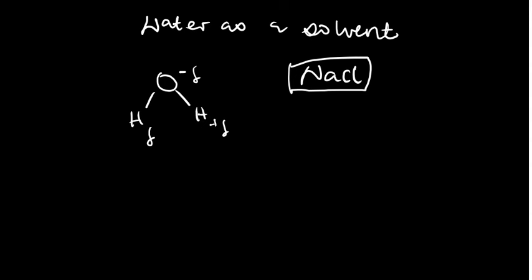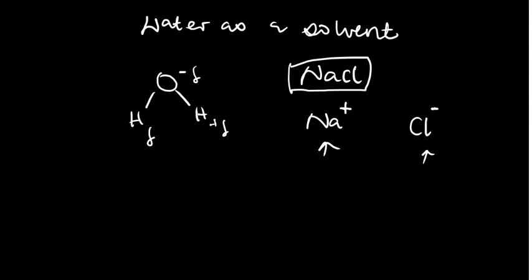When you look at sodium chloride, you notice that sodium has a positive charge and chlorine is negatively charged, like you can see on the periodic table. This is a halide, this is a metal. So the two atoms are attracted to each other quite strongly.